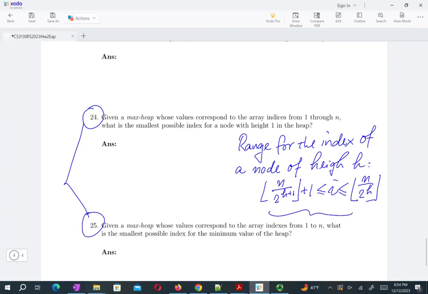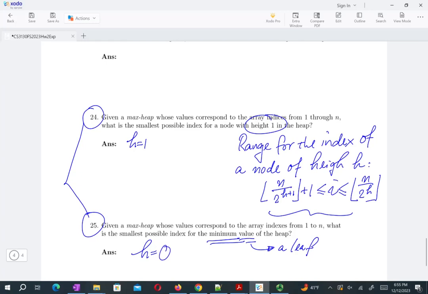For question 24, h equals 1, height 1. For question 25, leaf, right? What is the minimum value? The minimum value must correspond to a leaf node, and the height of a leaf equals 0.